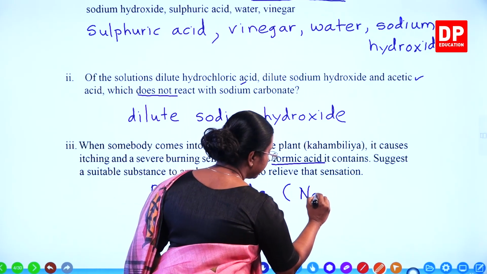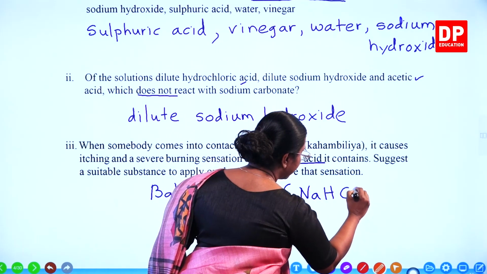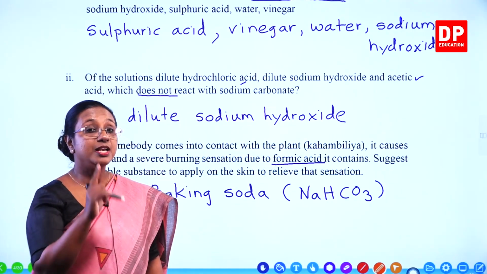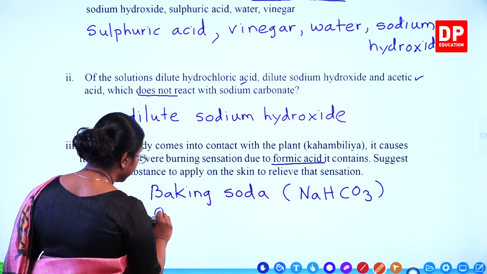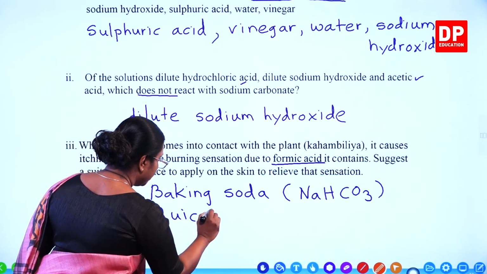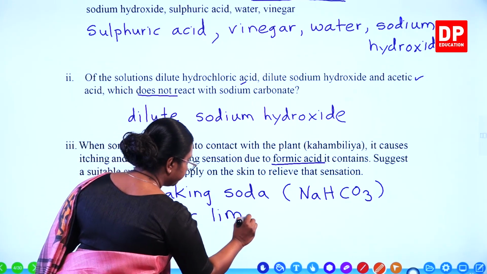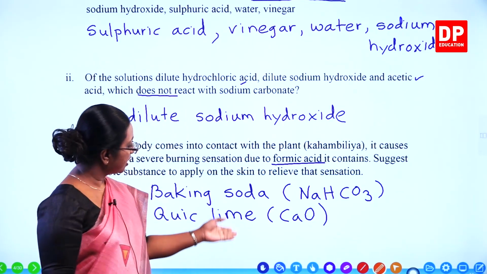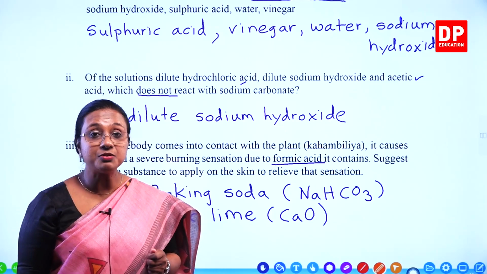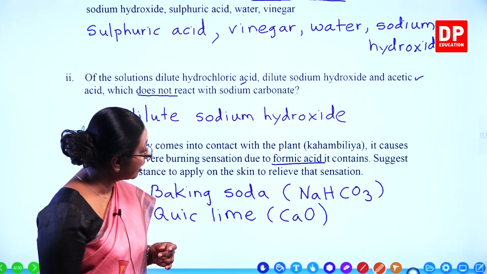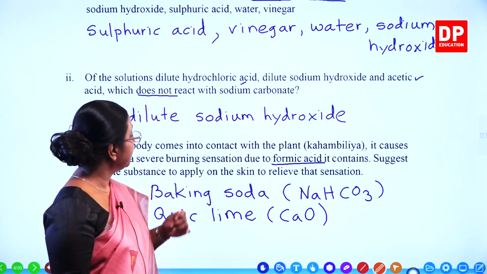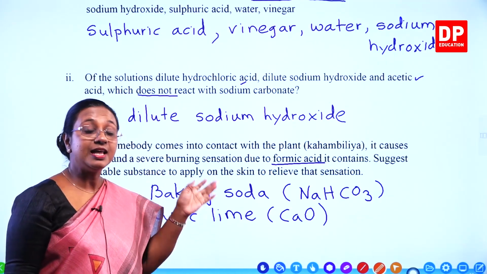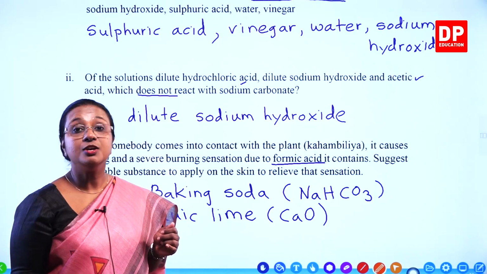Within brackets I will write the chemical formula also: NaHCO3. Or you can use quicklime. You can remember that as well. Quicklime, that is calcium oxide. These are usually available in the household, so you can use one of these substances. Because this particular plant has formic acid, the acid has to be neutralized by a weak base.